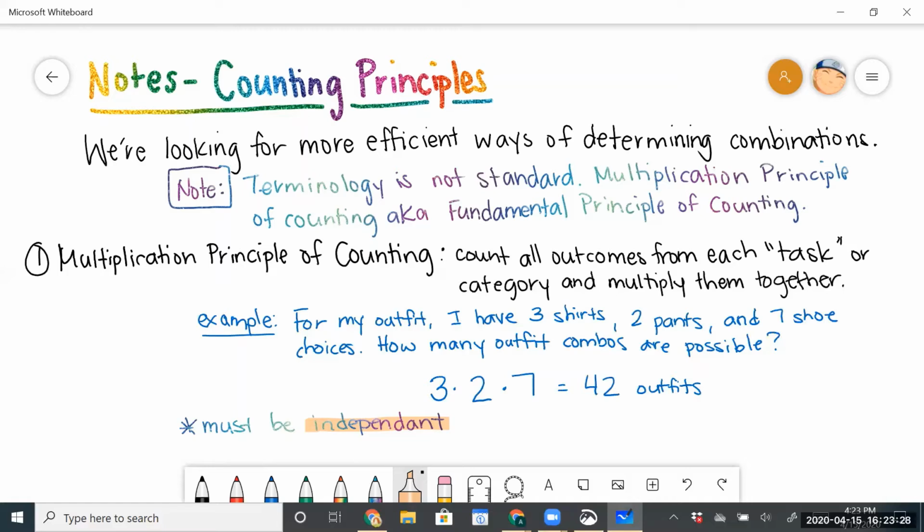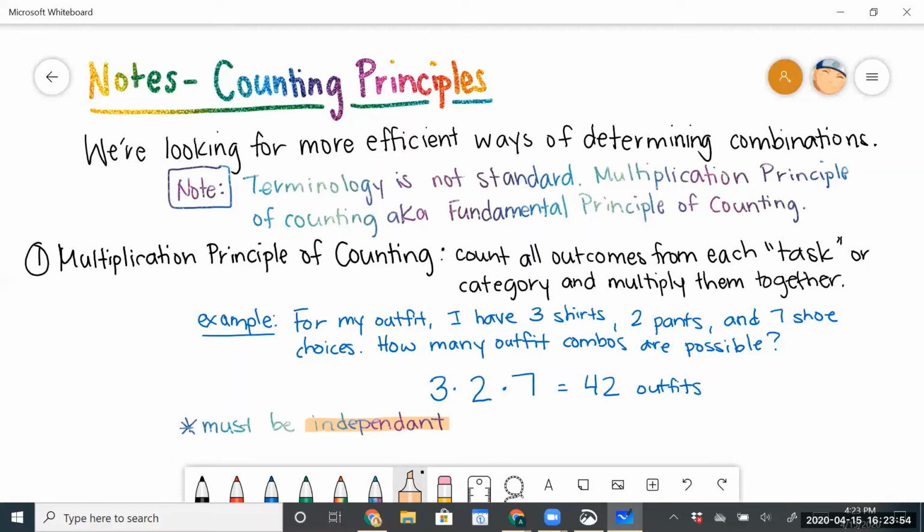But we all know that there are some of us who, if I wear a red shirt, I might have to wear red shoes, right? And there are some of you who, you know, if I'm wearing a black hat, I might want to match those with some black jeans. Okay, so that would mean that one thing is dependent on the other. If I make one choice, it's going to affect my choice in another category.